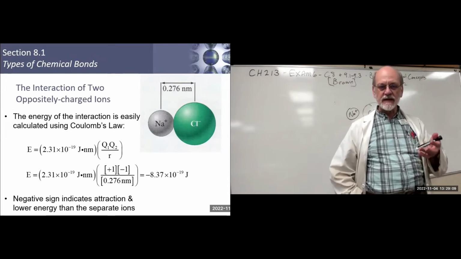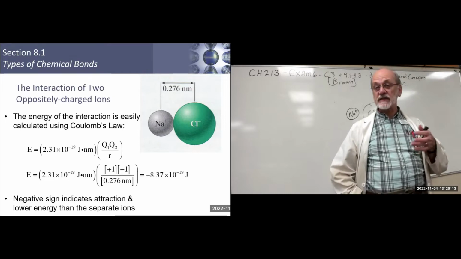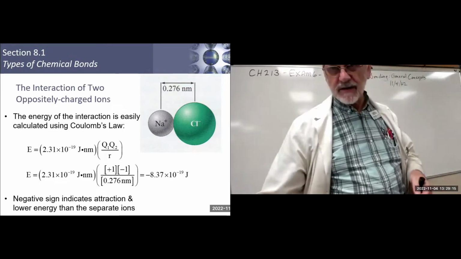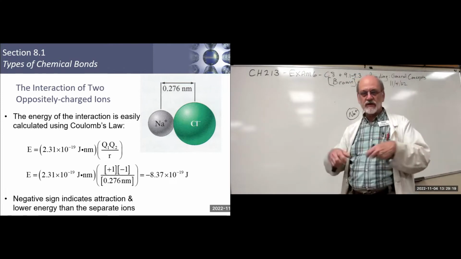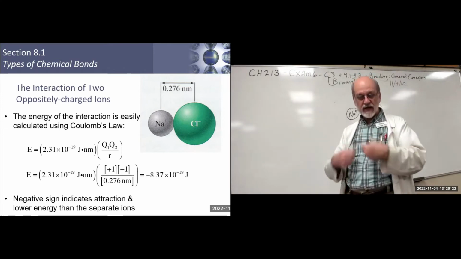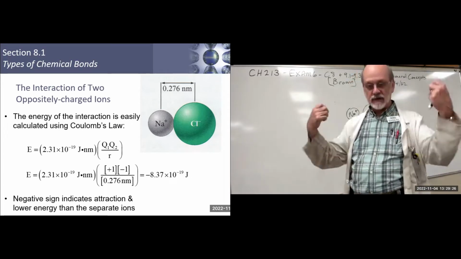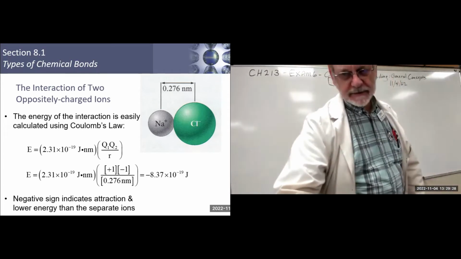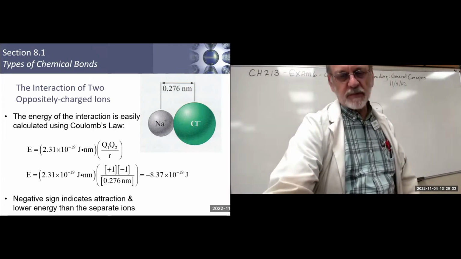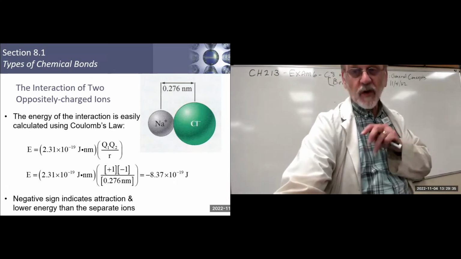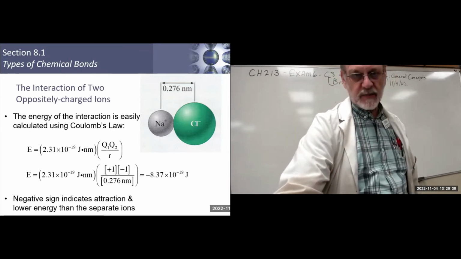And if the sign is positive, then it's repulsion. And you're not going to get them together unless you push them together. That means you got to put energy in to make them come together. But if they're opposites, then they come together voluntarily and give up energy. Right? So it's a matter of understanding what the particles are. And like I said before, we're only interested in the cations and the anions for bonding purposes.